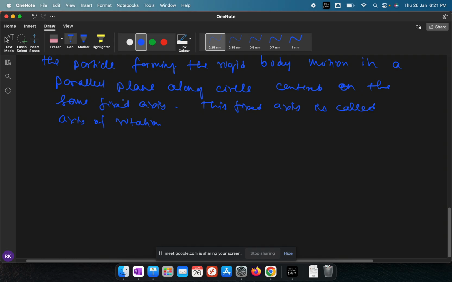Suppose this is the x-axis, y-axis and z-axis, okay? Suppose there is a rigid body, and about the z-axis this rigid body is rotating.